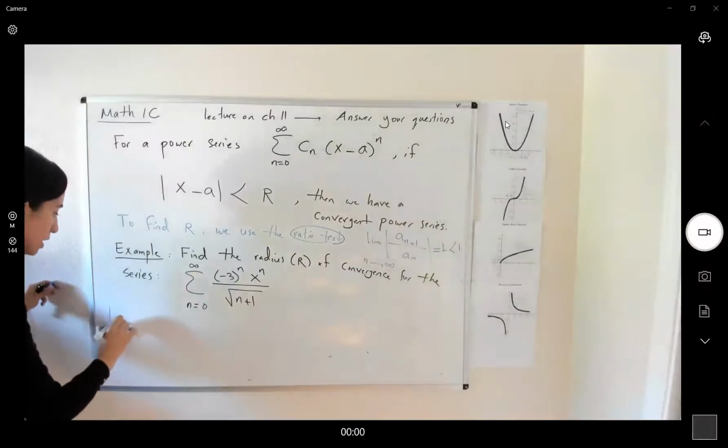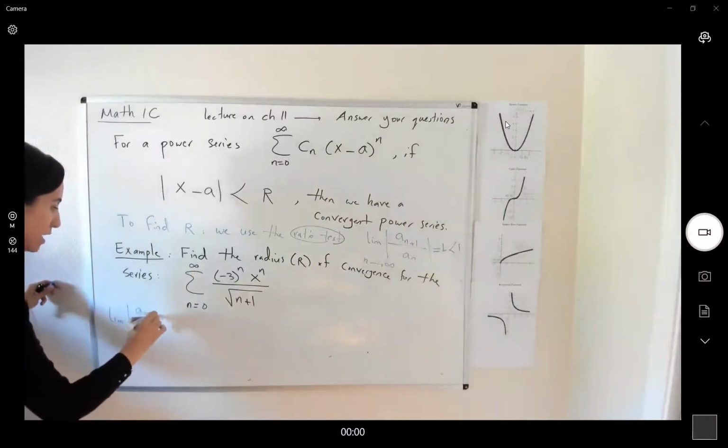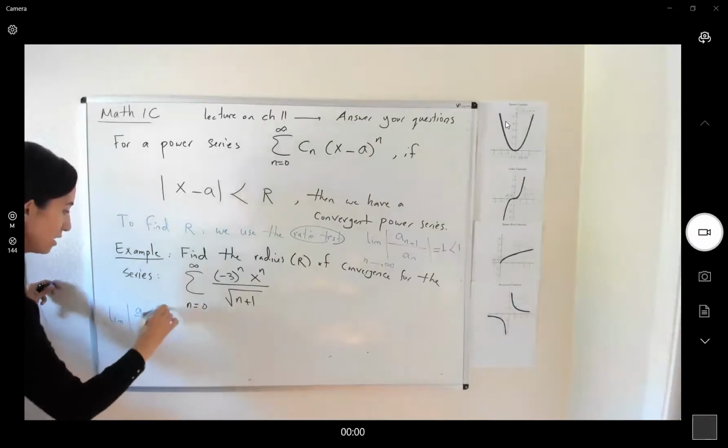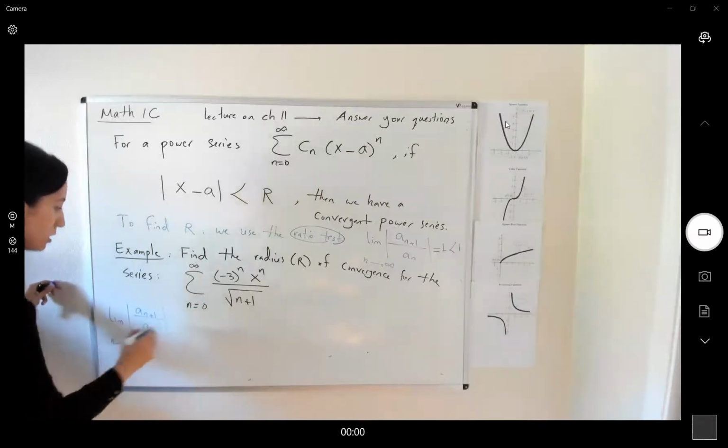So let us form the limit of the absolute value of a sub n plus 1 over a sub n while n goes to infinity.